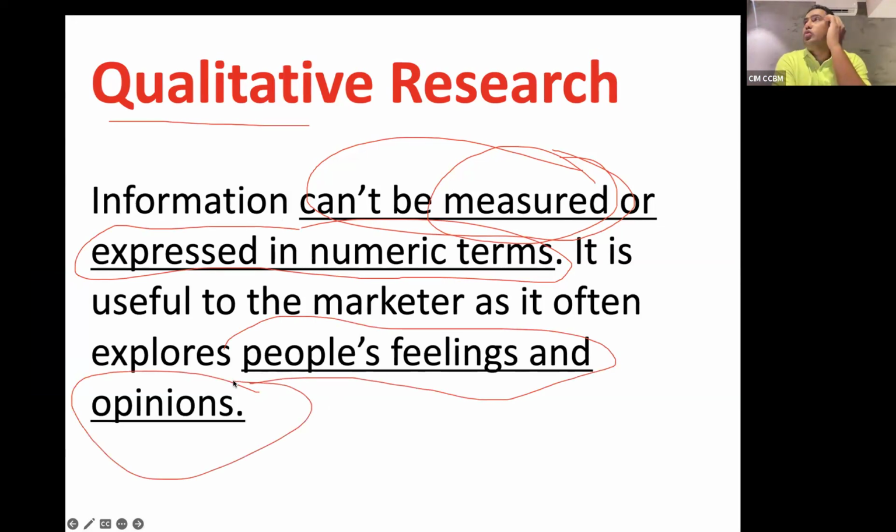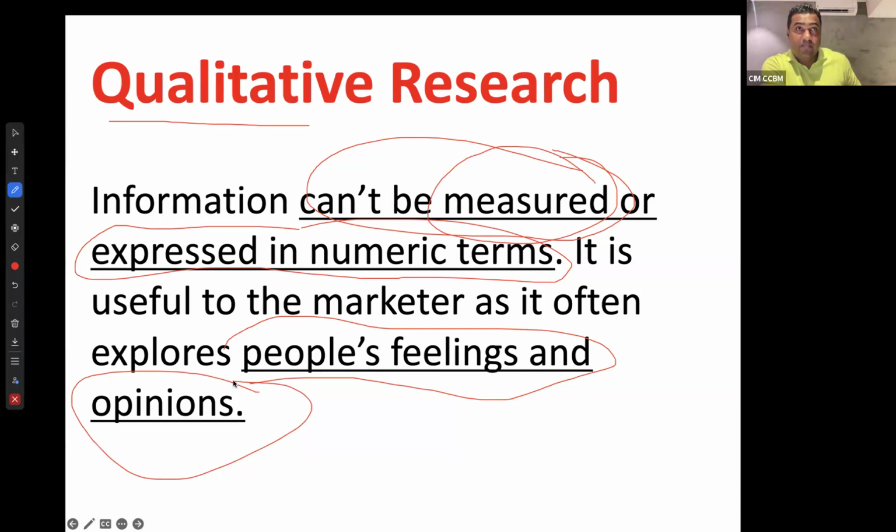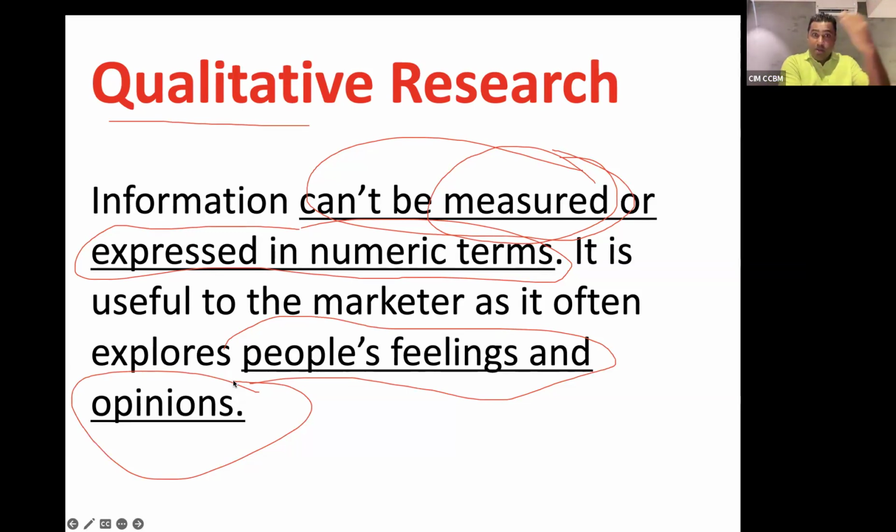So if I ask you, can you tell me what you look for when selecting a hotel for a holiday? Now, in answering that question, you can't say twice. You can't answer that question quantitatively. You have to say, when I go on vacation, I like to select a hotel where my children have enough space, where the food is good, the ambience is great, the price is affordable, and if I have beach access.